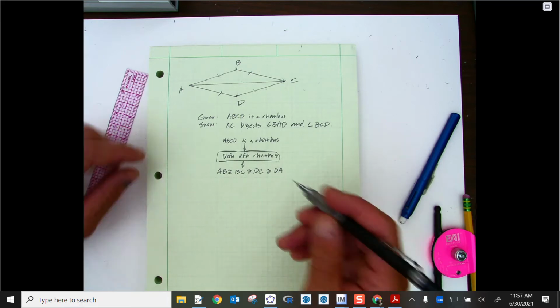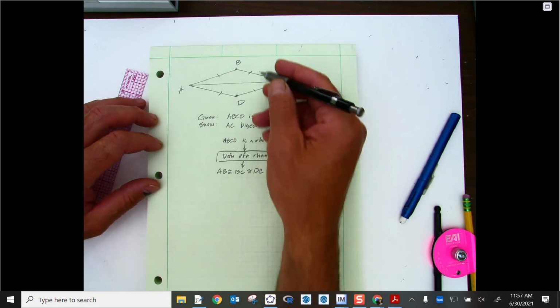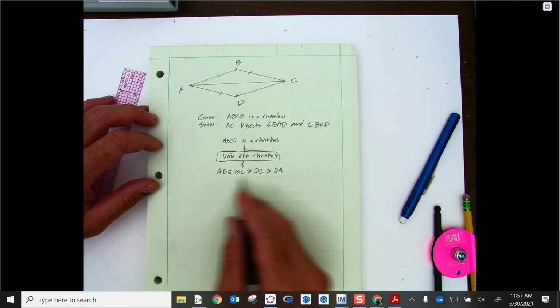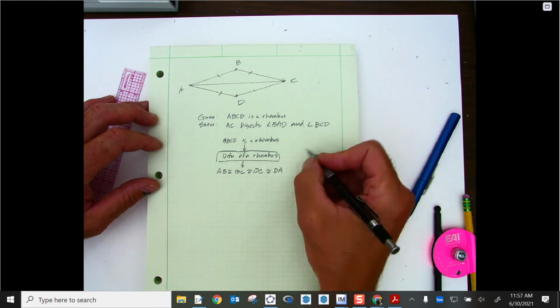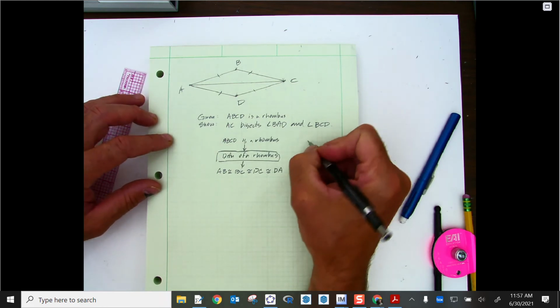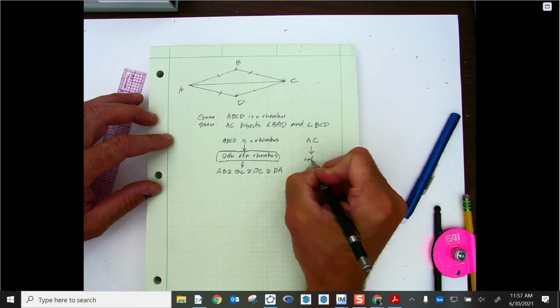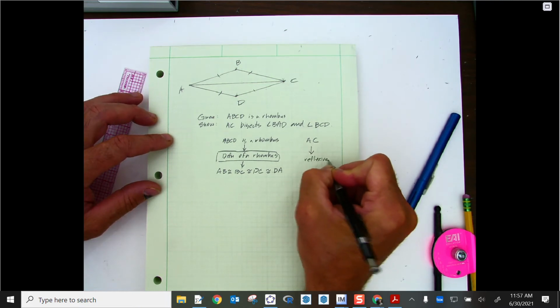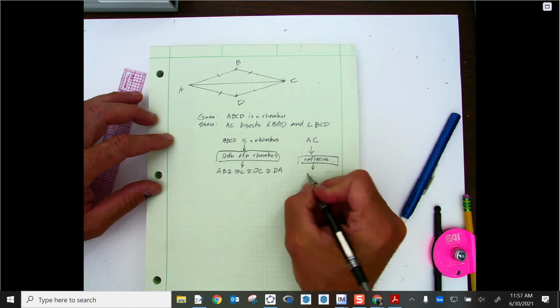Okay, so here we go. We've got at least these two sides, and the correspondence is established here, but we need this one congruent to itself in both triangles. So we'll say AC is in the drawing. We see AC in the drawing, so by the reflexive property, AC is congruent to itself.